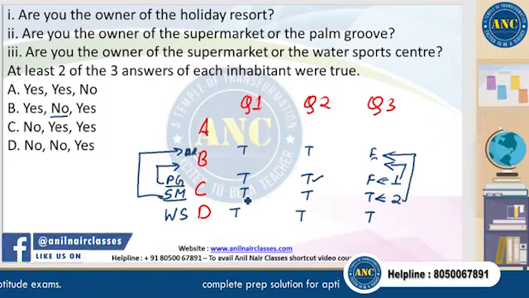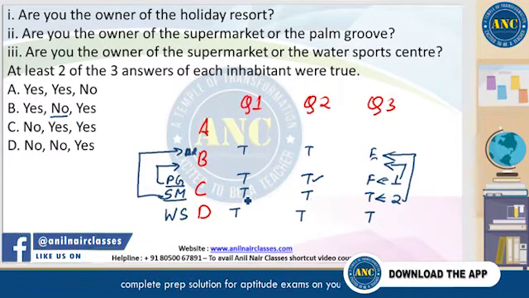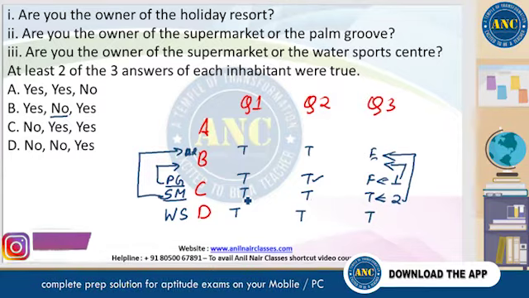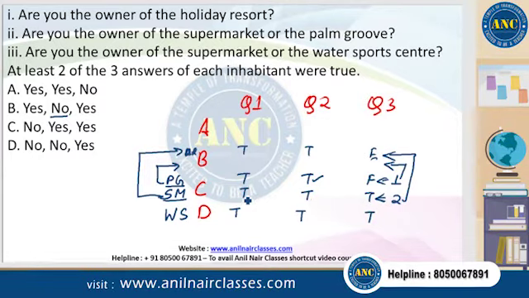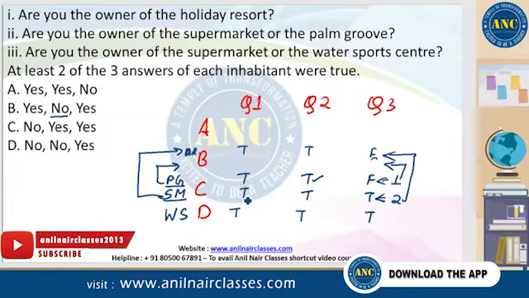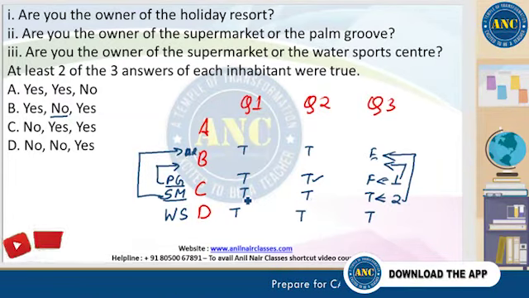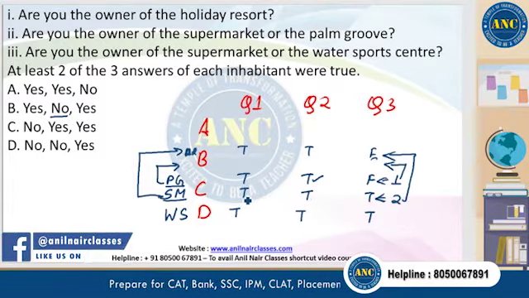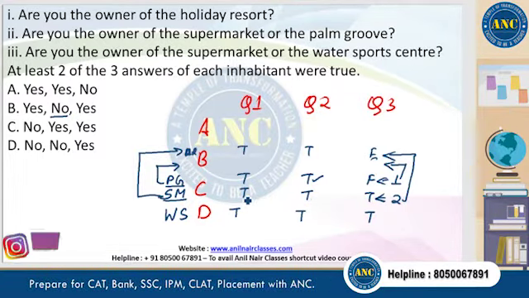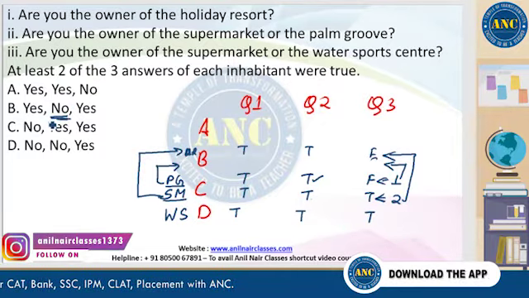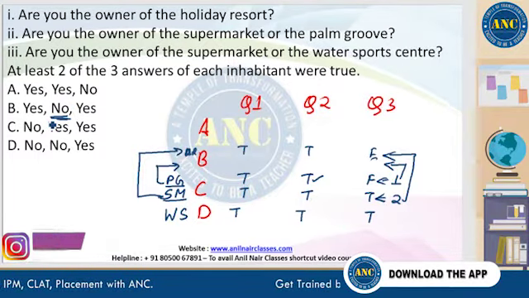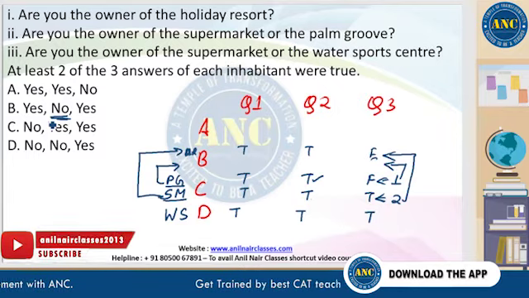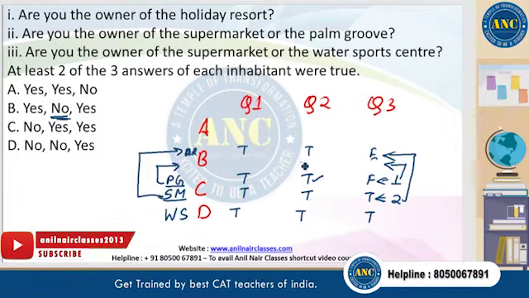So let's look. Are you the owner of the holiday resort? Now we are not sure of that. But question 2 was, are you the owner of the supermarket or the palm grove? No, palm grove is out. When he says no, I'm not the owner of the supermarket, nor the owner of the palm grove, that's a little dicey. It could be true, it could be false. We still are not sure.